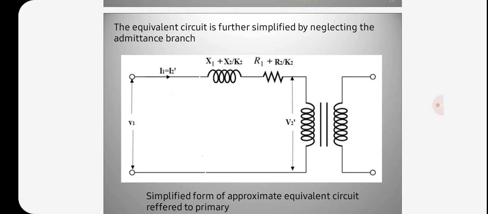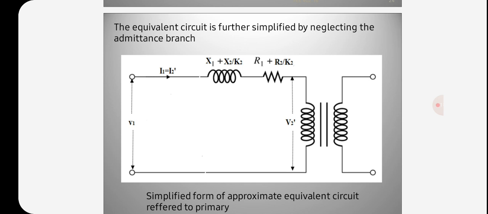When secondary quantities are referred to primary, resistance, reactance, and impedance are divided by k square. Voltages are divided by k, and currents are multiplied by k.